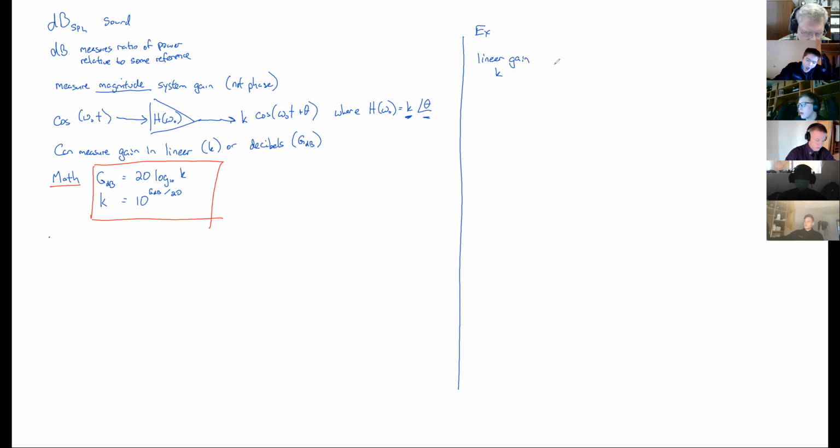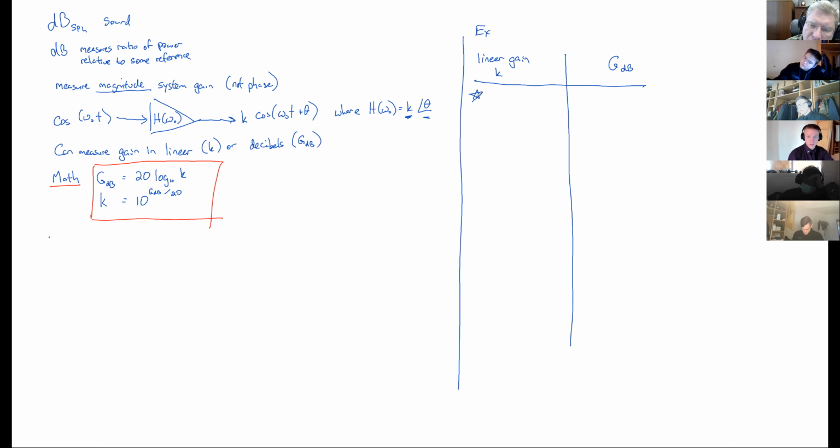So here's our linear gain on one side, and here's our gain in decibels on the other side. There are a couple of these that you need to know, and I'll star the ones that you need to have memorized. A linear gain of 1 doesn't change anything. What you get in is what you get out.